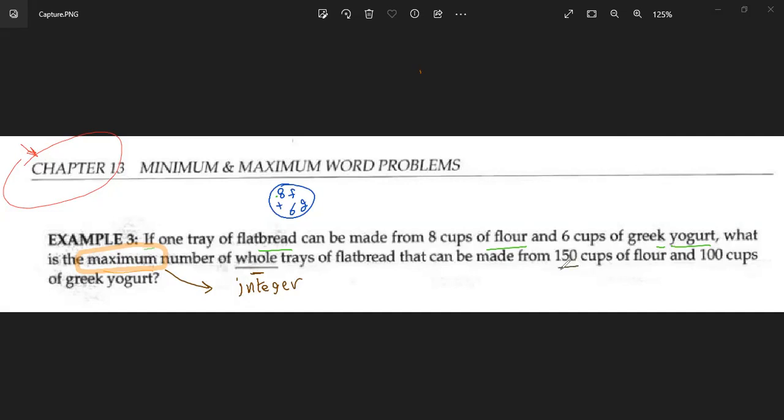That can be made from 150 cups of flour. So the problem starts here: 150 cups of flour will make how many flatbreads, divided by 8?